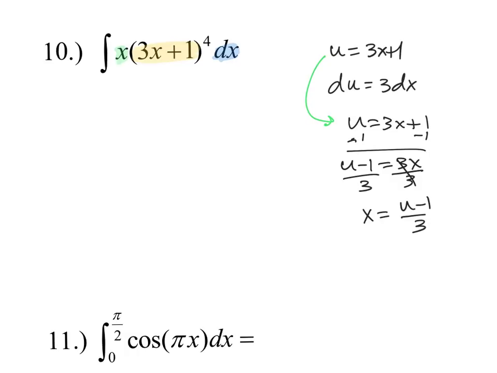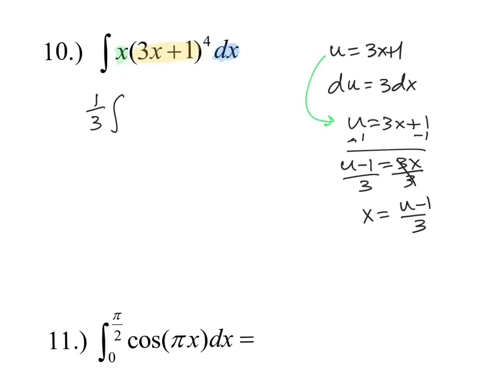So now when I go to rewrite this whole integral in terms of u, I have something to put in for x. So here's what it's going to look like in terms of u. Well, first of all, remember that du was 3 times too big, so we need to put a 1/3 out in front. So it's going to be 1/3 the integral of, I'm going to replace x with u minus 1 over 3.